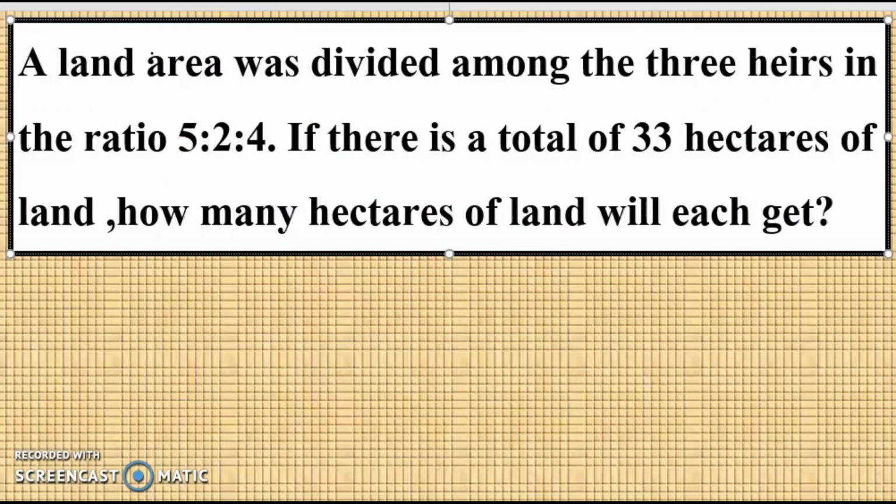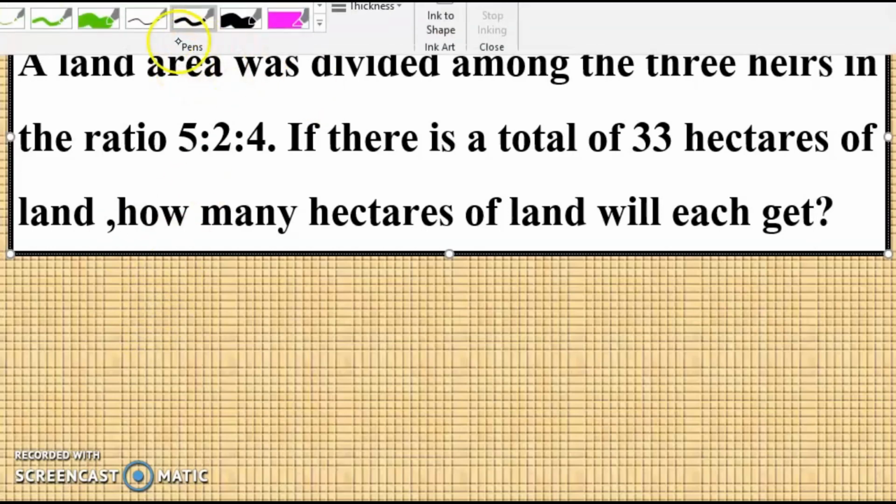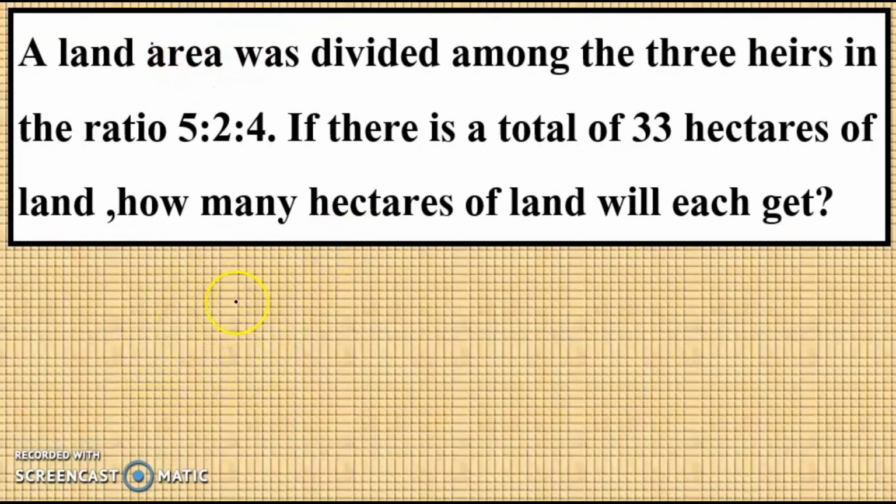Okay, so let's have this example. A land area was divided among the 3 heirs in the ratio of 5:2:4. If there is a total of 33 hectares of land, how many hectares of land will each get? Okay, so first is i-add lang natin yung ratio.